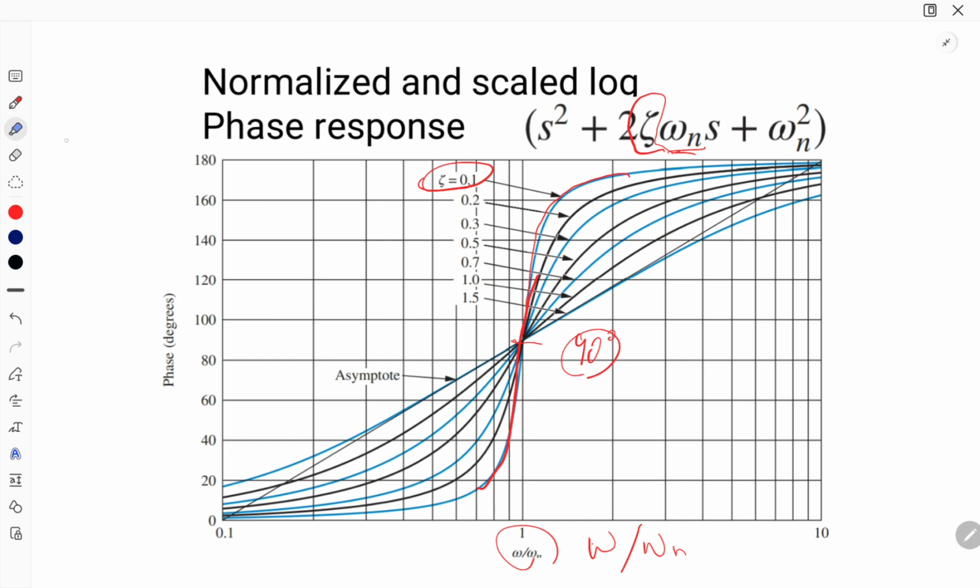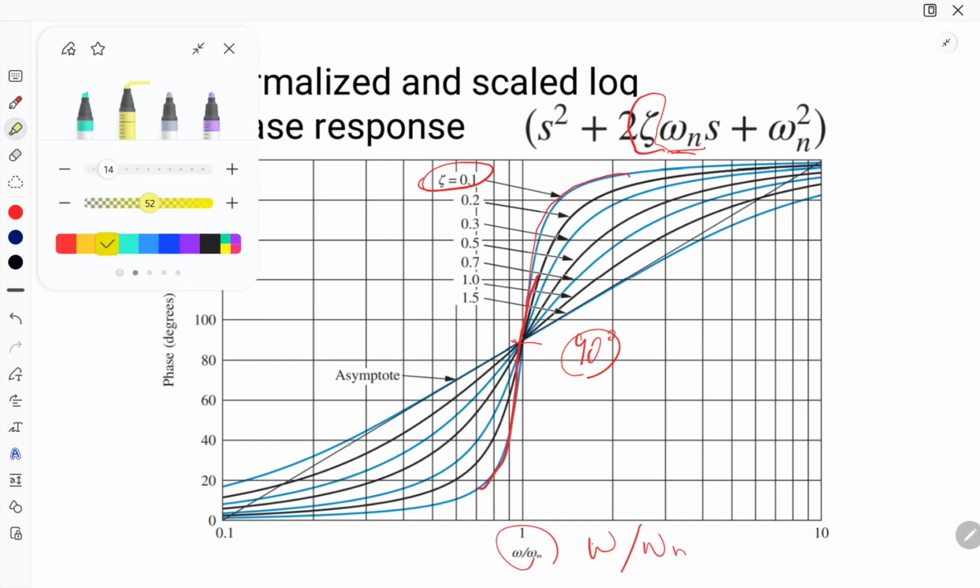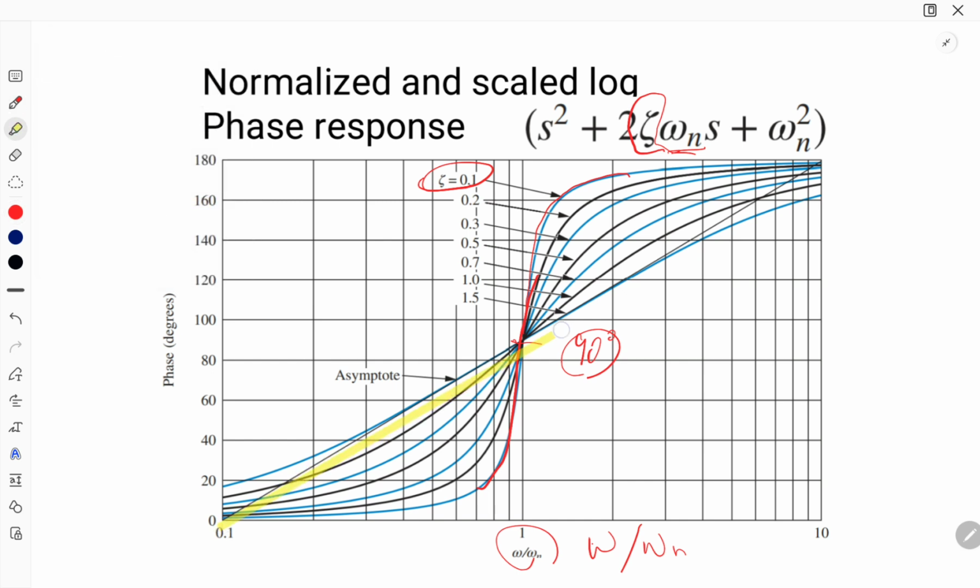This one I'm going to draw in a nice big line, because when there are so many lines it's hard to see. This yellow line I just put in at the frequency of your interest, it's 90 degree, but it's plus 90, that goes to 180, and 0.